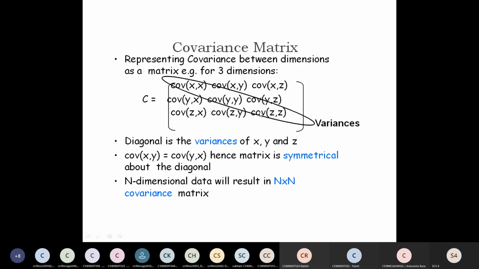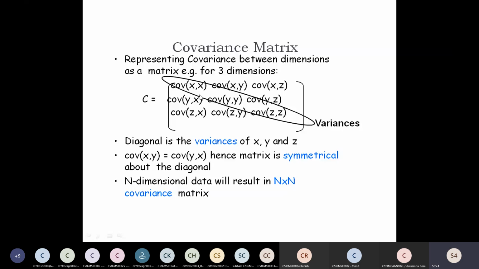Are two dimensions involved in this part? Yes or no? No, because see, xx, I'm not considering xy or xz. I'm considering x only. So this is the single dimension. So covariance of xx, covariance of yy, covariance of zz.